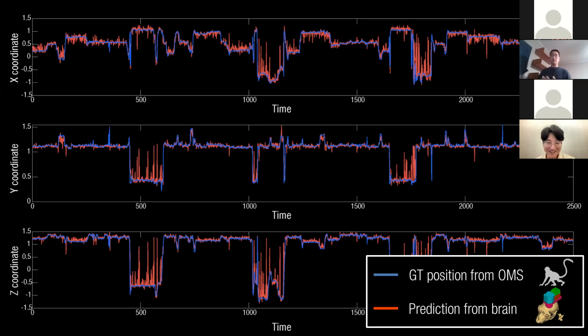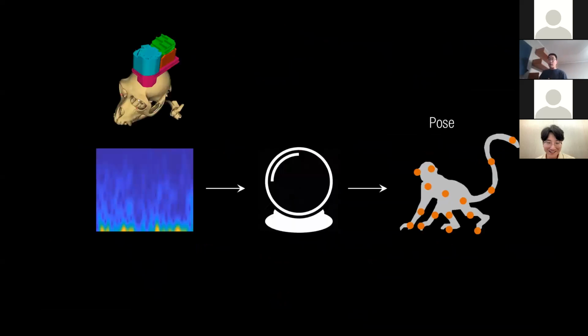This indicates that there exists some region in our brain that encodes the spatial location. Basically, if you go somewhere, there is some brain region that tells us the GPS location. Now we are extending this preliminary result to the entire pose, and this is still an ongoing project.